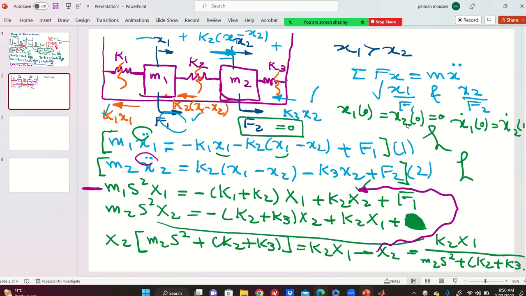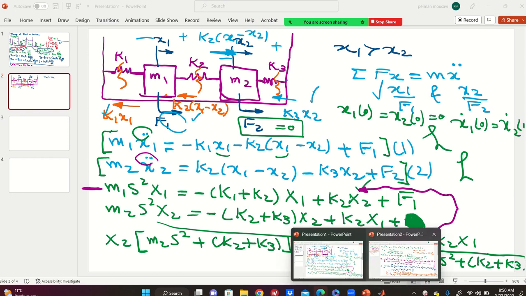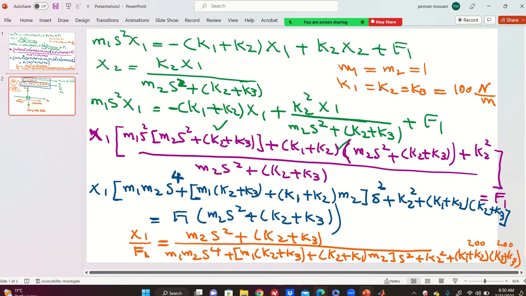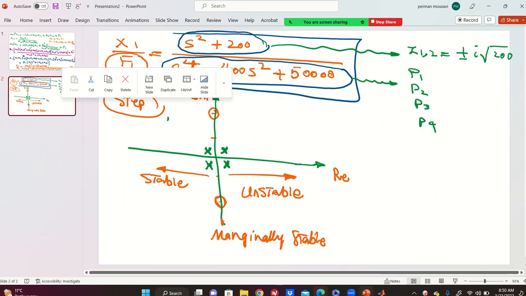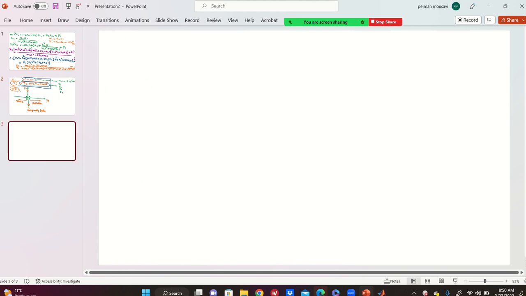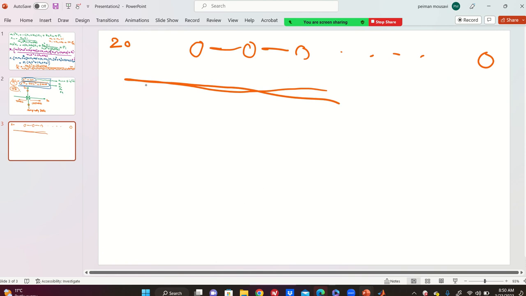If you have 10 masses, we're gonna have a 20th order system, meaning that if we have 20 masses in series, connected together by springs, the transfer function is gonna be say S to the 40 plus whatever.